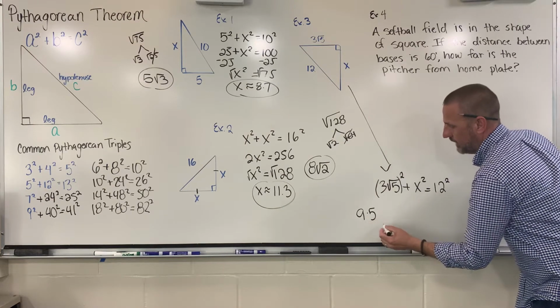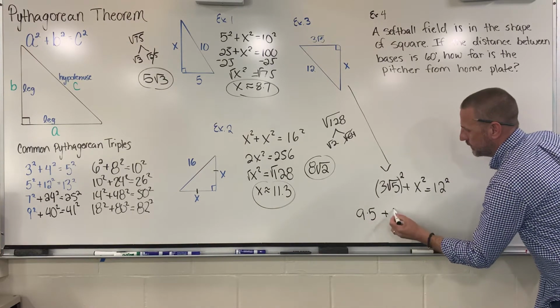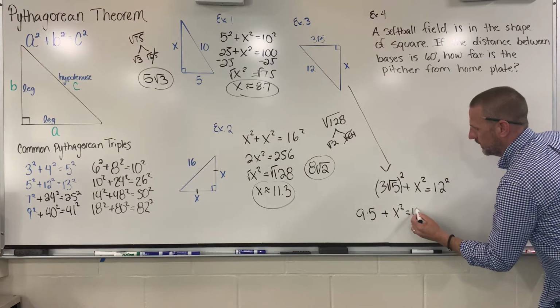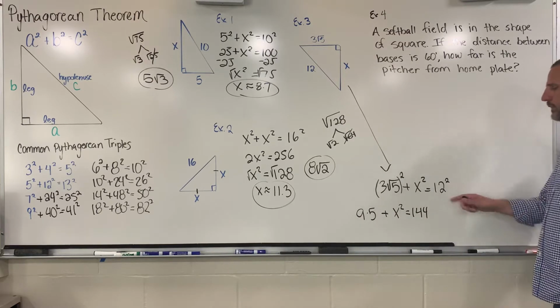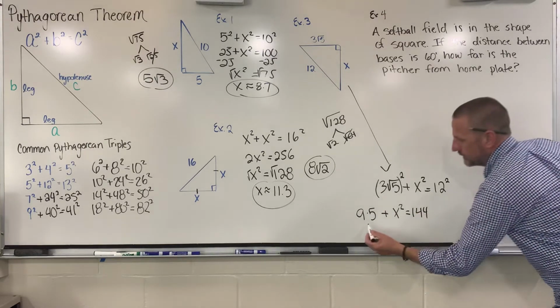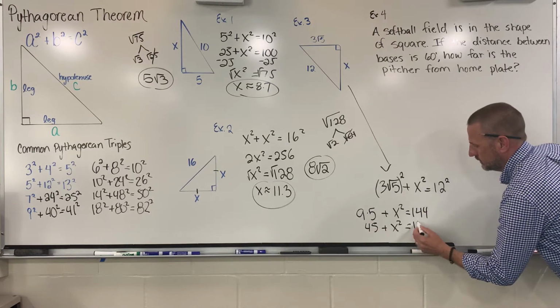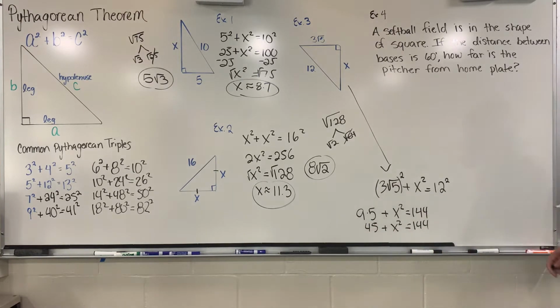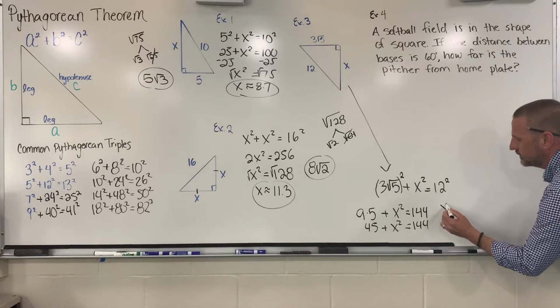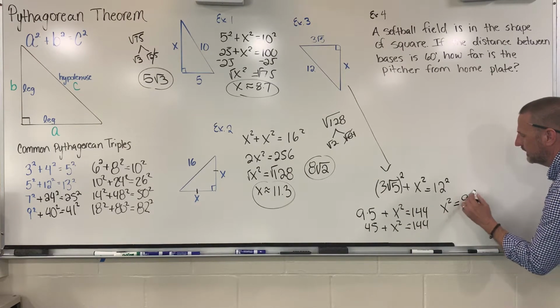So 9 times 5 is 45, plus x squared equals 144, which is 12 squared. So I need to subtract 45 from both sides, and it gives me x squared equals 99.